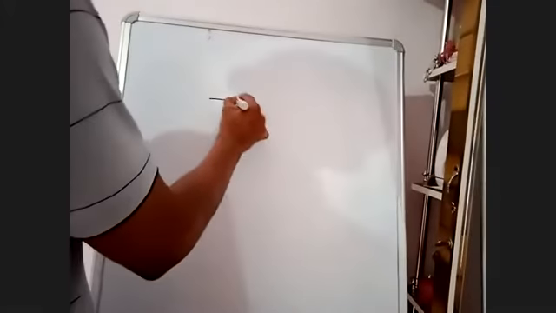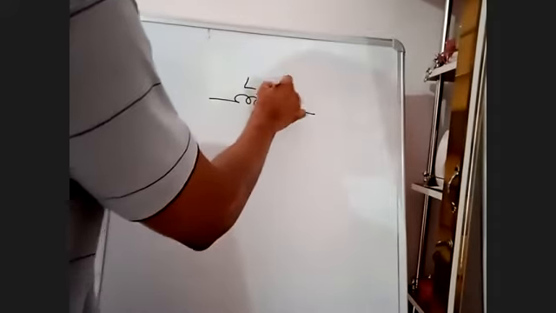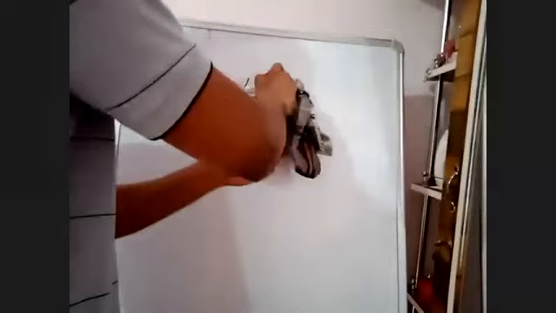Now see here, choke coil. This choke coil consists not only of inductance L, but also some resistance is included inside the inductance.